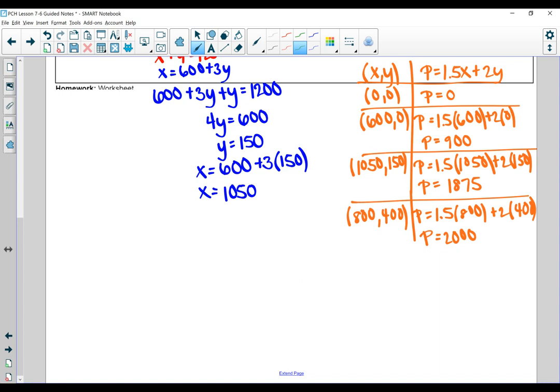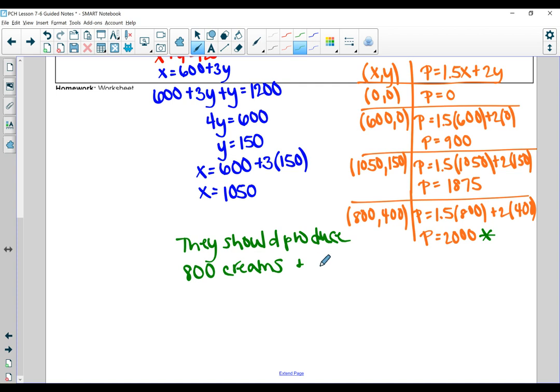Well, this candy company should produce 800 of the chocolate creams and 400 caramels to make a profit of $2,000.